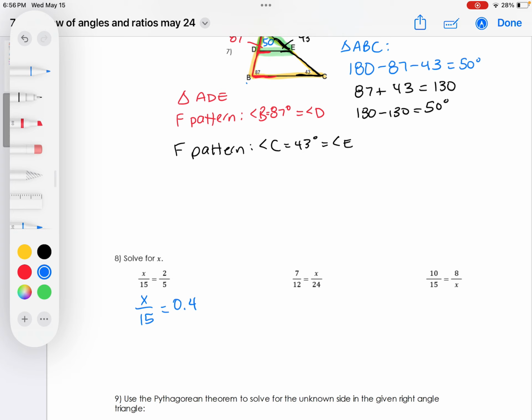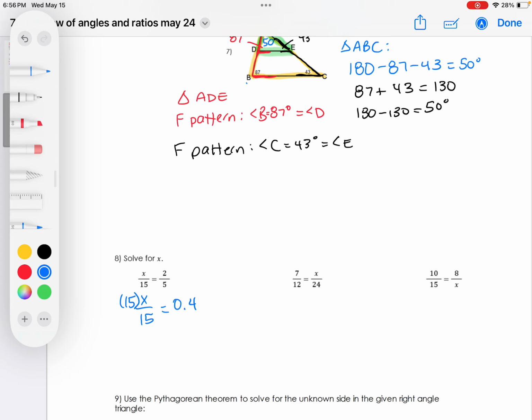So on the left-hand side, if I am dividing by 15, then in order to cancel the 15 out, the opposite operation of divide by 15 would be multiply by 15. Or you can think of it like, if I do 15 over 15, or 15 divided by 15, what's the answer? 1.